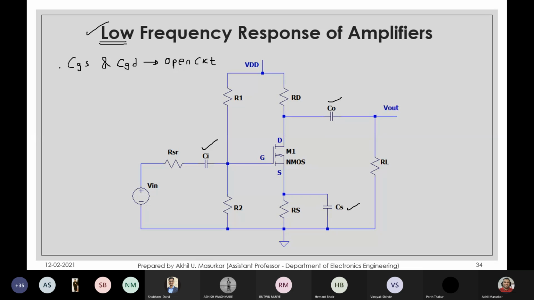And we have shown CGS and CGD as open circuit. So please take down this circuit. It is similar. Quickly draw it. I'll give you exactly 3 minutes to draw this. And once you are done, just write done in the chat box.